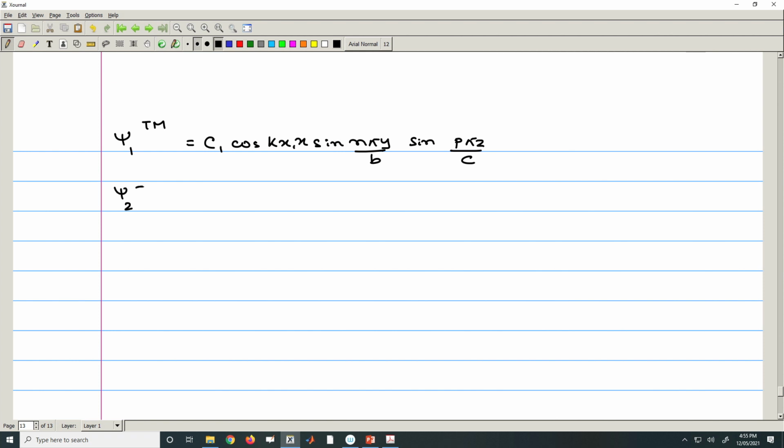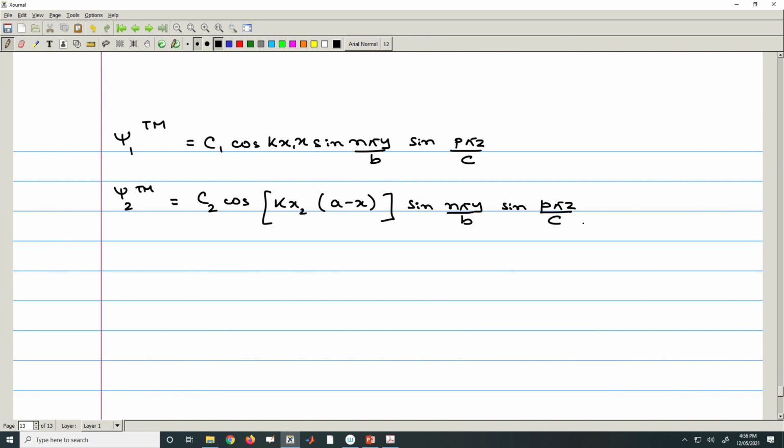Similarly, psi 2 TM will be C2 cos of kx2 (a minus x) sin of n pi y by b sin of p pi z by c. These are the psi functions. Now we will find all the fields, and then from the continuity equations we will find the transcendental one.